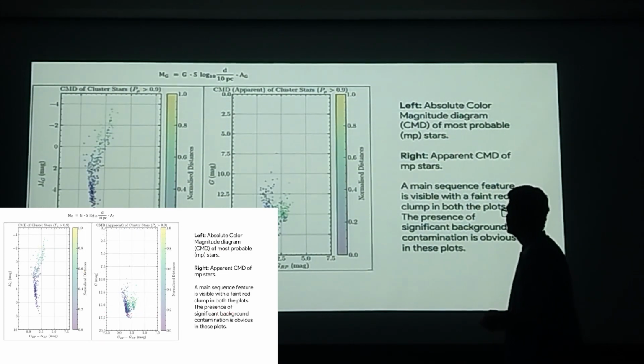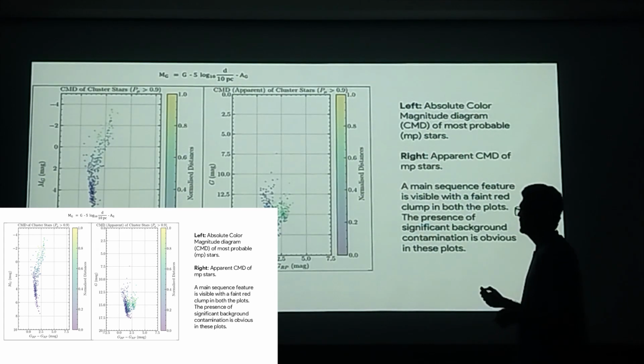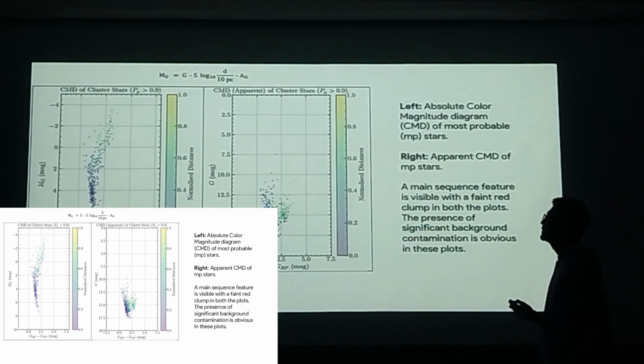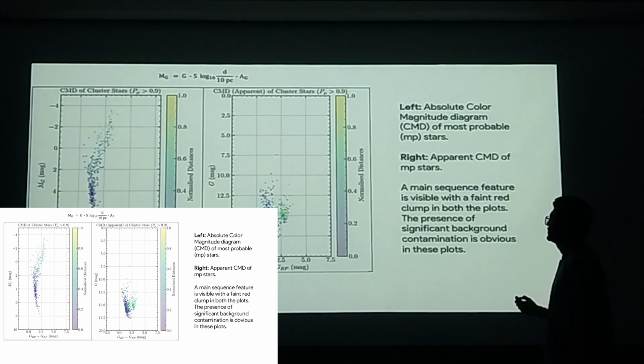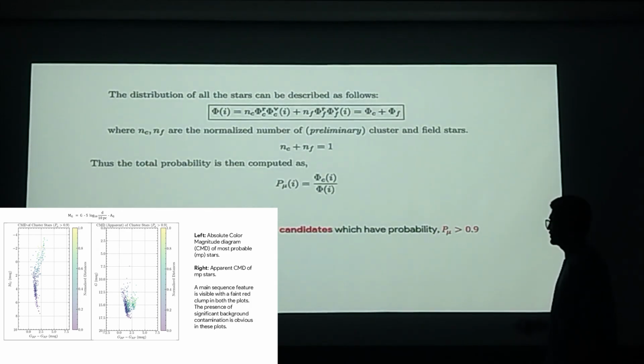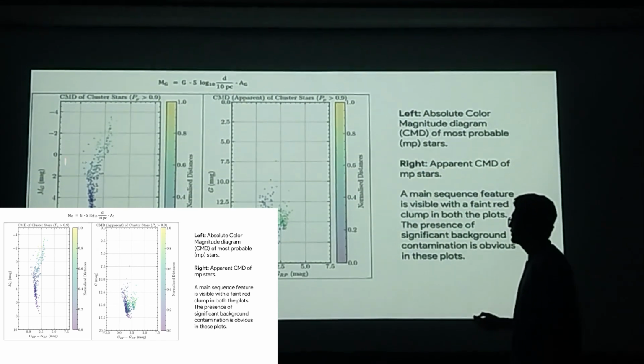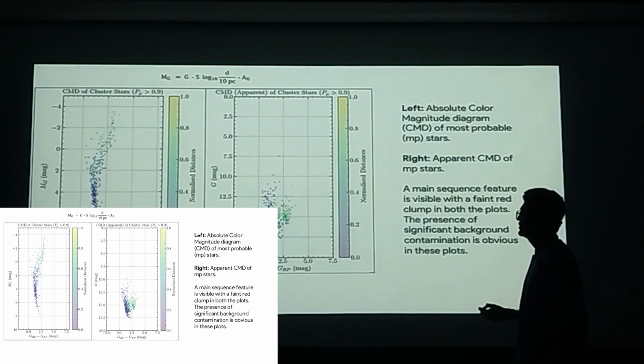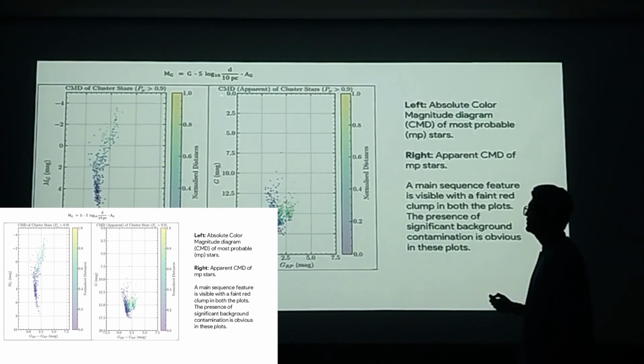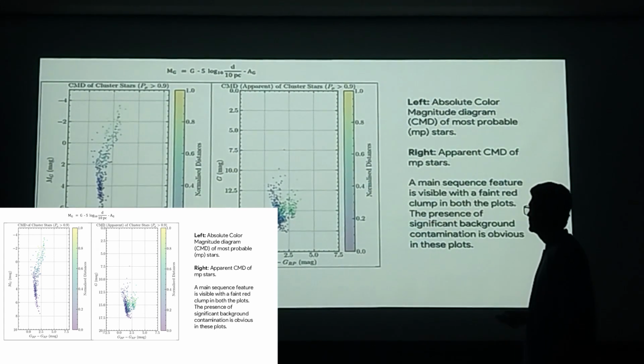Okay. So this is a plot of G versus GBP minus RP. This is known as the apparent color magnitude diagram of the cluster stars. I have plotted the data of these 421 stars, and this is the absolute color magnitude diagram. This conversion, capital N, is defined by this term right here.